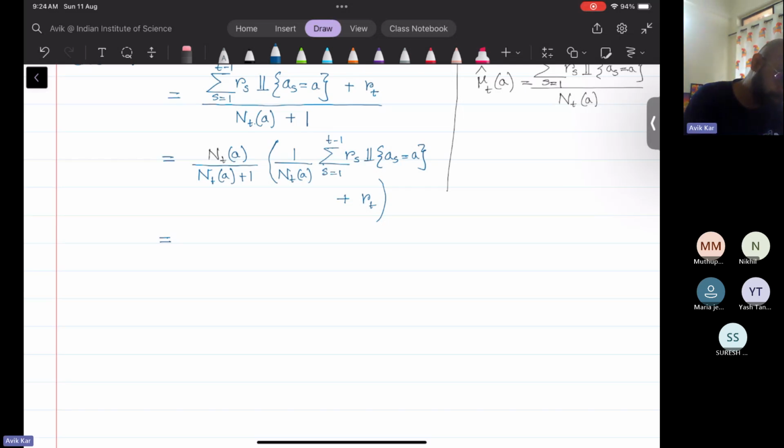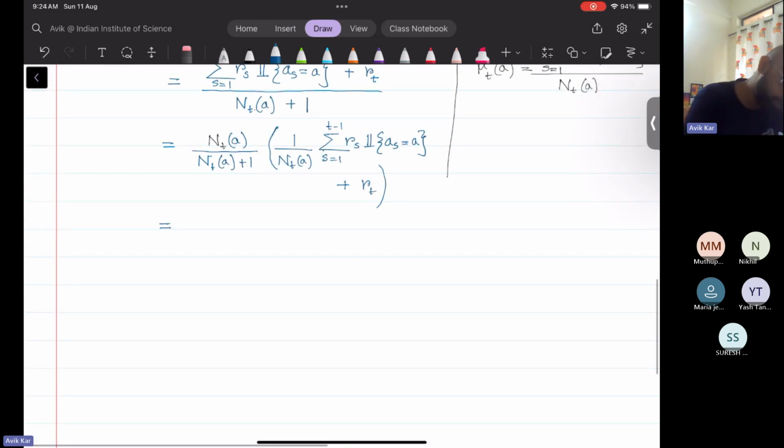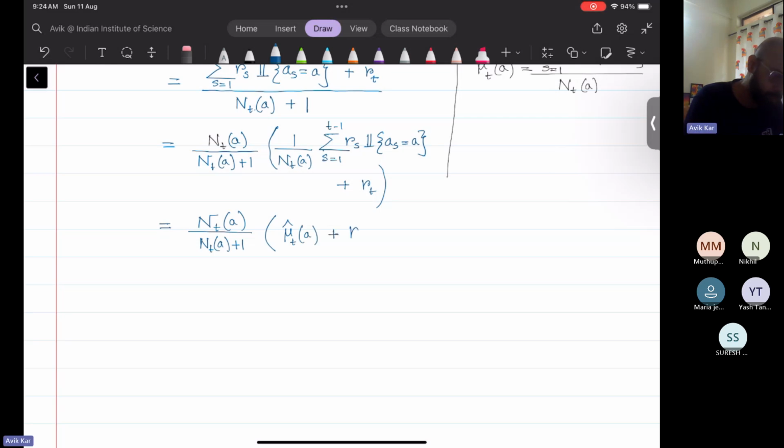Okay, so the first term inside the bracket is mu hat TA. So we have got NTA, T, plus 1, mu hat TA plus RT.